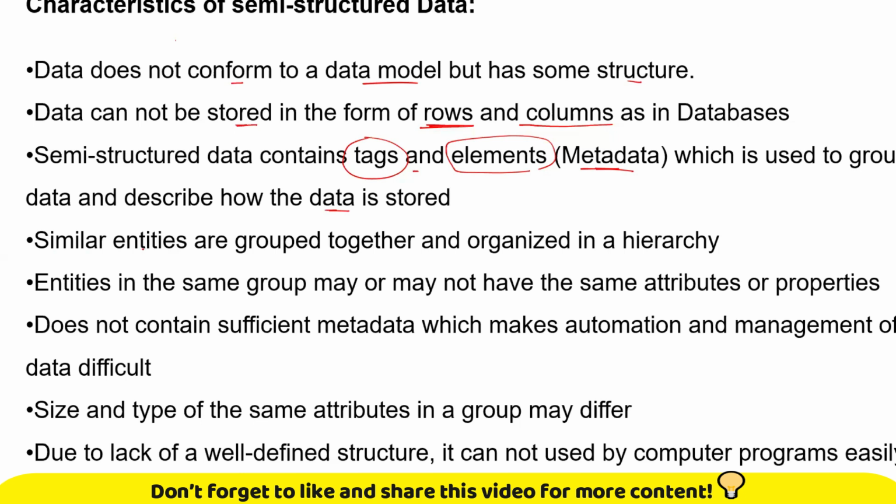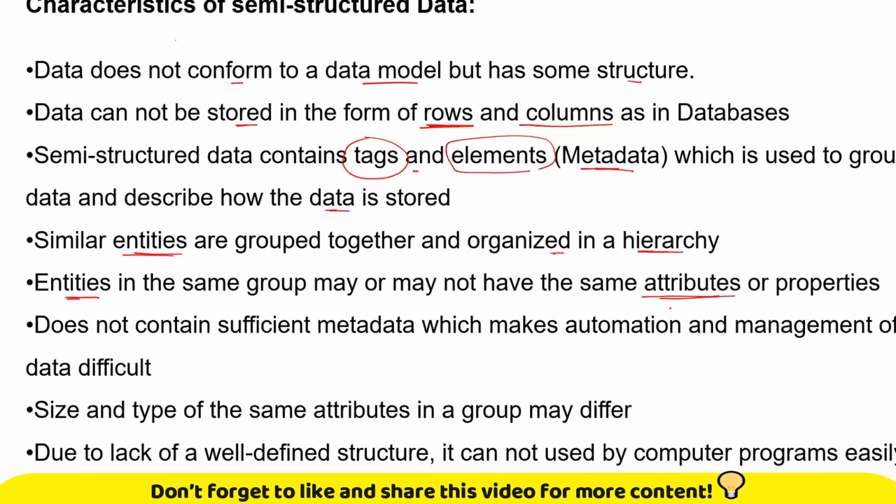Similar entities are grouped together and organized in a hierarchy. This is one of the characteristics here. Entities in the same group may or may not have the same attributes. They may have different attributes, but entities are like an identity for this data which we can refer to.